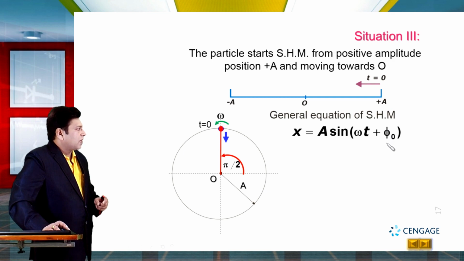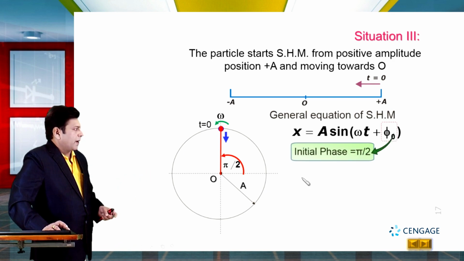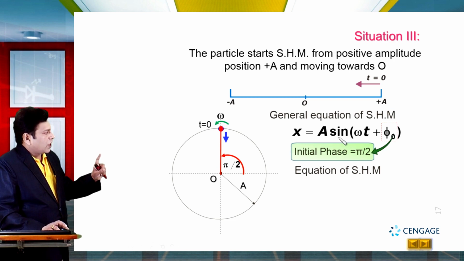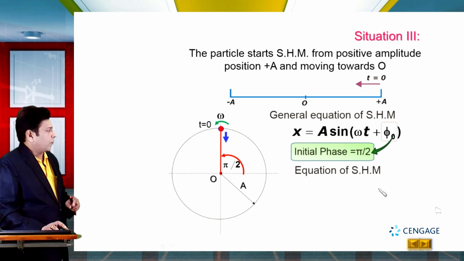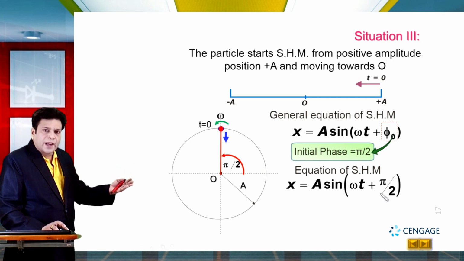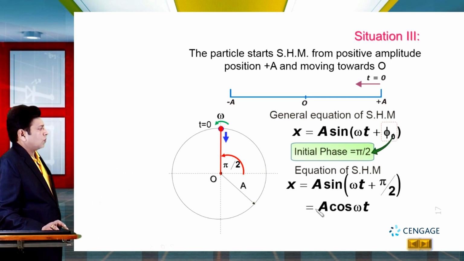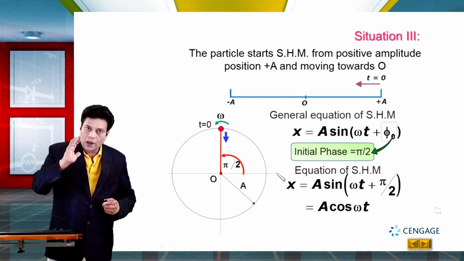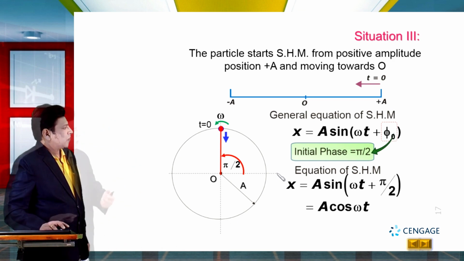Here the value of the initial phase is pi by 2. So the equation of SHM is x equal to A sin(omega t plus pi by 2). We know this can be written as A cos omega t. So this is the equation of SHM when the particle starts oscillating from the positive amplitude position.